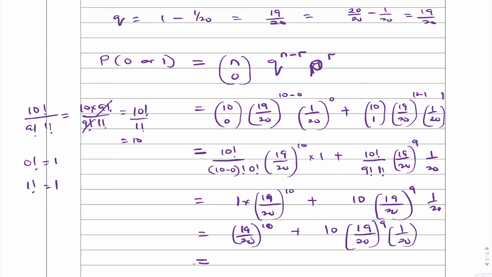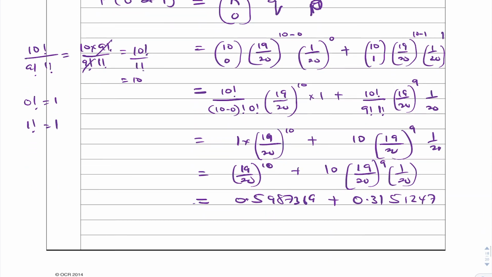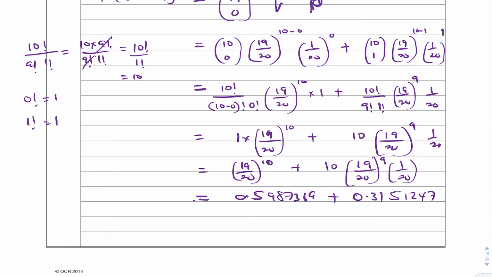And the answer to that one is 0.5987369 when you key into the calculator, and this is 0.3151, and what we get is P of 0 or 1 equals 0.9139.